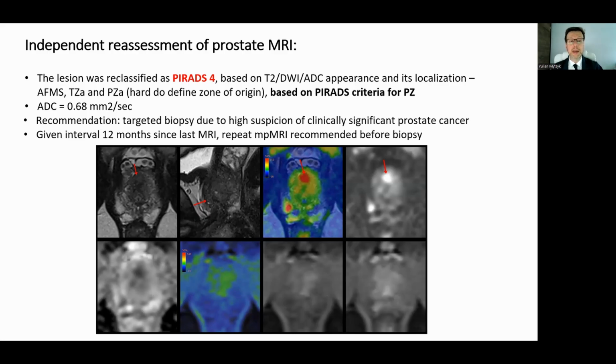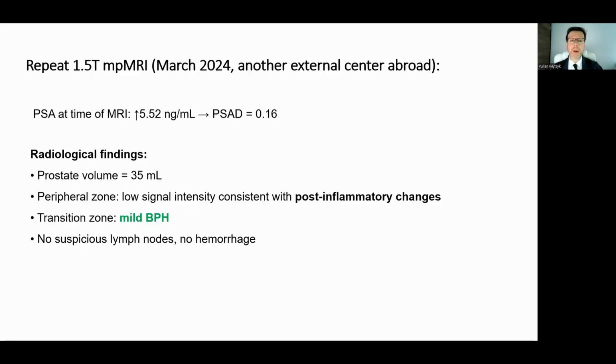significant prostate cancer, but given the interval of 12 months since the last MRI, a repeat MRI was recommended before the biopsy. In March of 2024, the patient underwent a second MRI in an external center abroad. The PSA at this time was 5.54 and the PSA density 0.16.